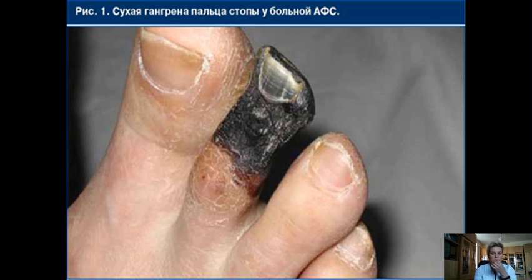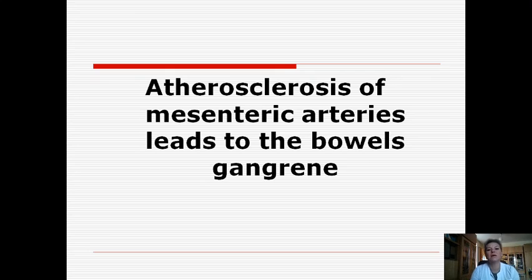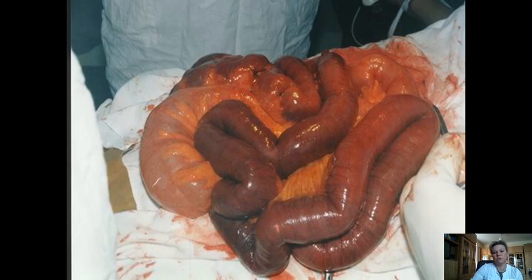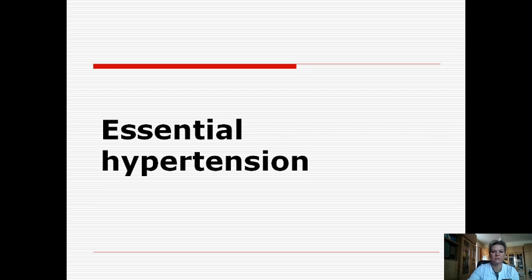In this photo you can see gangrene of a finger in the lower extremities. Atherosclerosis of the mesenterial arteries leads to bowel gangrene. In this photo you can see total gangrene of the small intestine as a result of atherosclerosis and thrombosis in the mesenterial arteries.